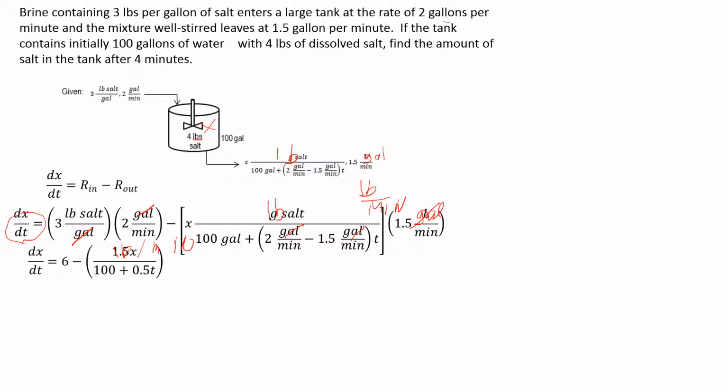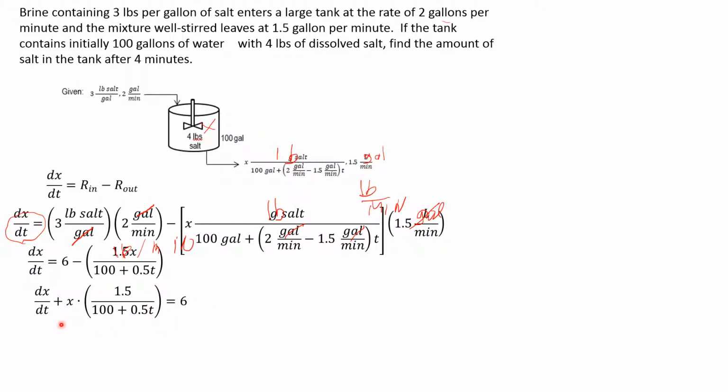Simplifying the problem, this is dx/dt equal to 6 minus 1.5x over 100 plus 0.5t. Transfer that 1.5 over 100 plus 0.5t there, and factoring x, this is dx/dt plus x times 1.5 over 100 plus 0.5t equals 6.